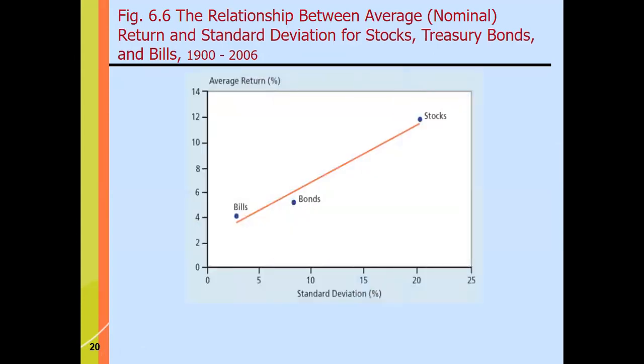Another one is the relationship between average or nominal return and standard deviation for stocks, T bonds, and T bills. You can notice that the standard deviation, or SD, is replacing the risk, which is also true since SD actually incorporates the concept of risk and the average returns or mean returns. So it's still true that bills would be the lowest, followed by bonds, and the stocks would have the highest risks and returns.